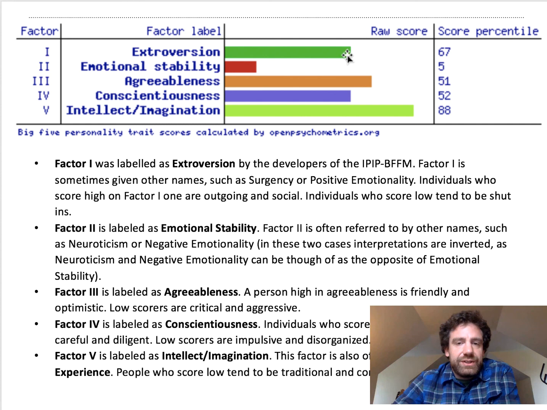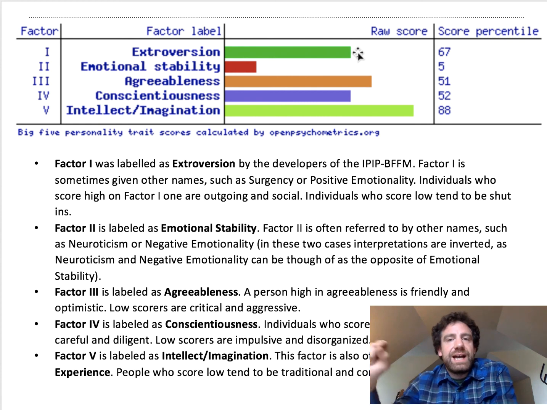It showed me I have a medium high level of extroversion. This is not telling me something I didn't know about myself. It's just telling me that I gave medium to high answers on questions whose common element is extroversion. That's all the test is telling you.